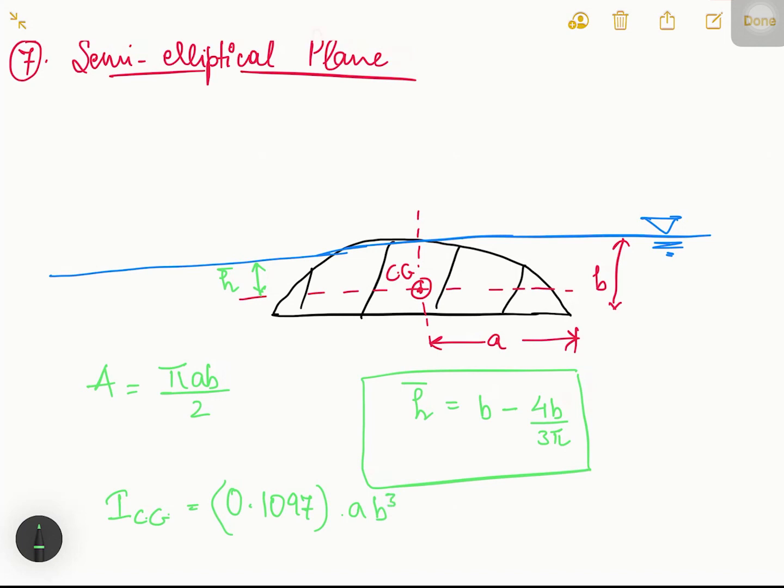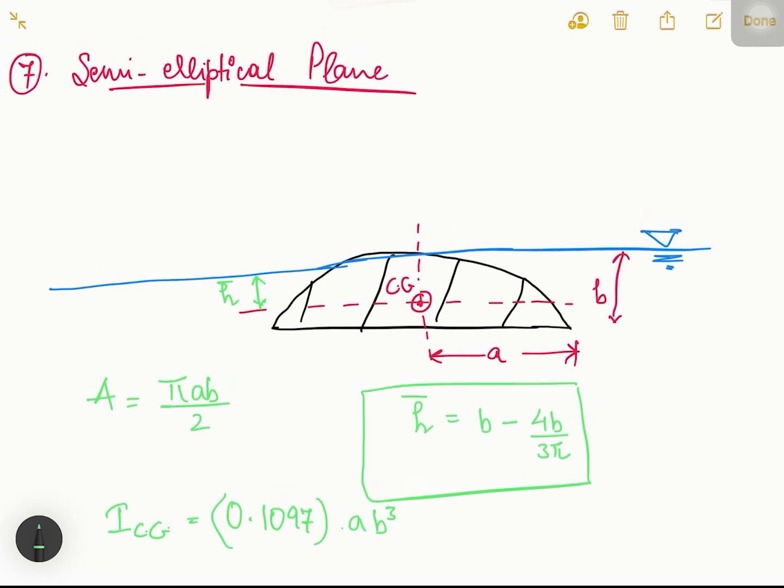Okay, so there is a slight difference between the circular plane analysis and elliptical plane analysis, and a lot of similarities too. So keep a note of it and mark it.